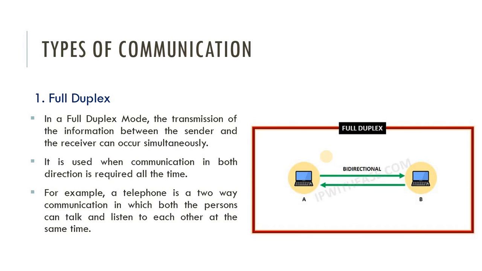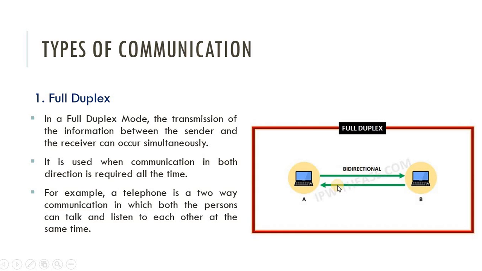The third type is full duplex. In the full duplex mode, the transmission of information between the sender and receiver can occur simultaneously. It is used when communication in both directions is required all the time. In the image we can see that two devices communicate at the same time. It is called bidirectional because they are able to exchange information at the same time.